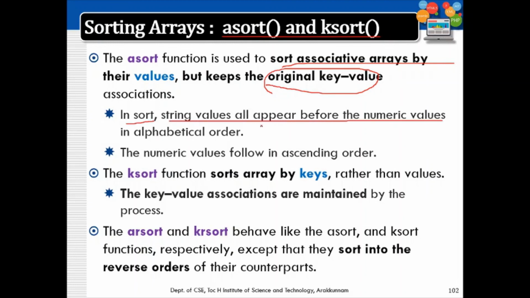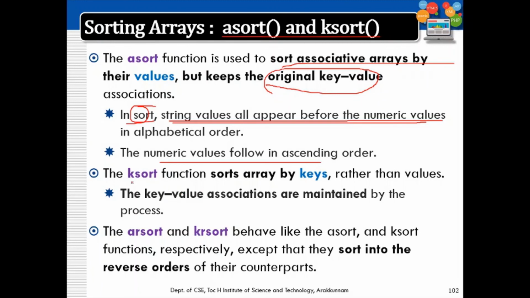We already have seen an associative array can have a mix of string keys and numeric keys. And while we do sorting, the string values will appear before the numeric values. First, all the string values will be sorted in ABC order. Then all the numbers will be sorted in 1, 2, 3 order. The numeric values follow in ascending order.